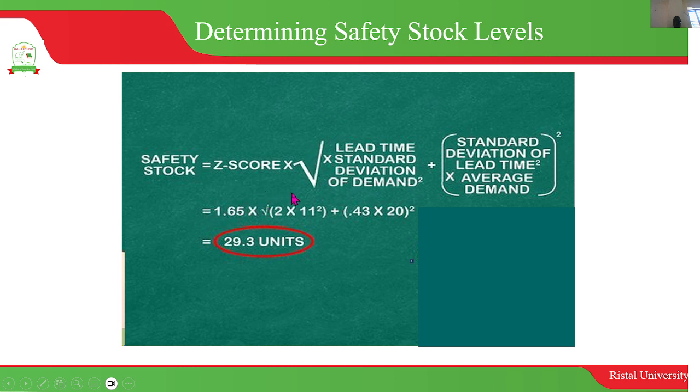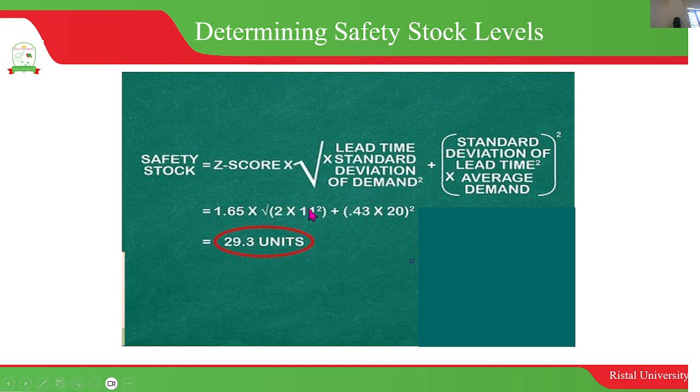What we are seeing here is just we are trying to put some values that represent what we see here. So, for example, if for this formula here we have a Z-score of 1.65, then we just put it there. We multiply this by the root of, this root sign applies to the whole of this formula here. So the root of, for this case, we had a lead time of 2. We can say maybe this was 2 days or 2 weeks, according to the units that were used in the stock.